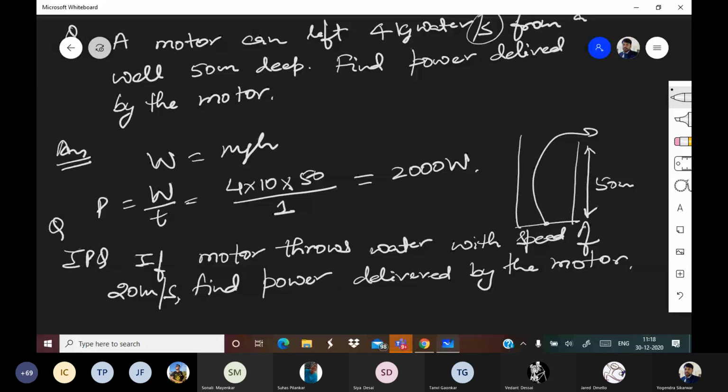Because velocity of throw was not given, so we did not consider it. This time, not just lifting of water is taking place, which was happening earlier also, but also the velocity of throw. That means the motor is delivering kinetic energy also. Yes, Samarth. That's why Gauri has given answer as 2800.